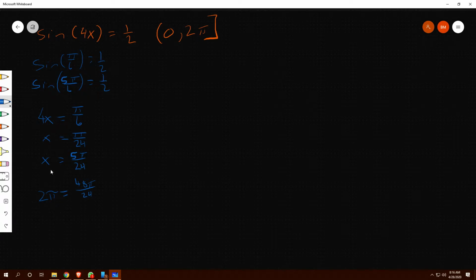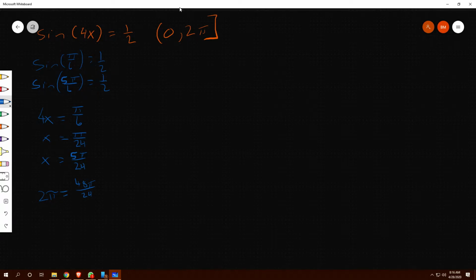Since we're multiplying by 4, we're basically making that pi over 6 a smaller fraction. It's not really equal, but it's equivalent, directionally, to pi over 24.